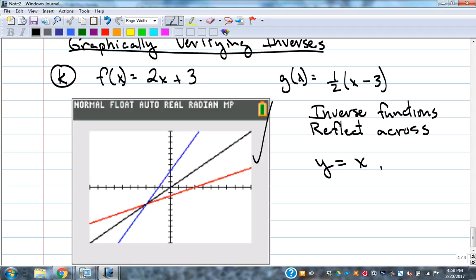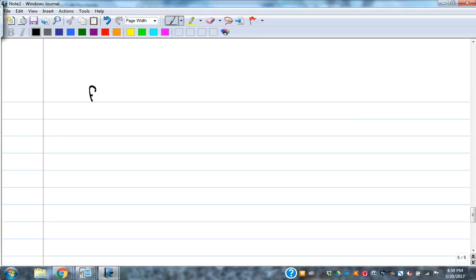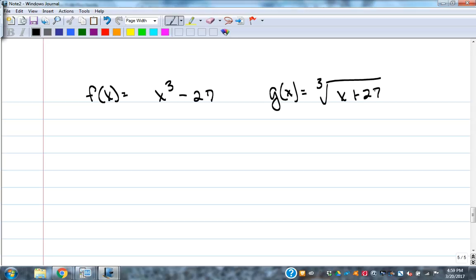So let's look at one that's a little bit more interesting and see what's going on here. All right, let's look at this one. F of x is x cubed minus 27, and then g of x is the cube root of x plus 27.